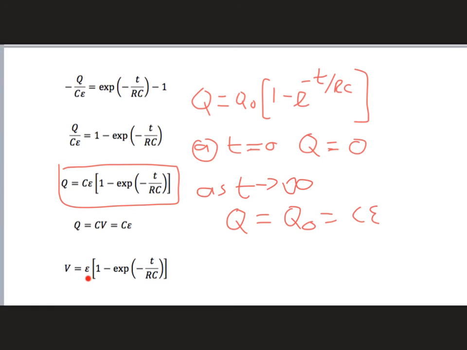Remember, the EMF is just a voltage. This guy has no units, so the units work out, and this gives me the voltage across the plates of the capacitor as a function of time. And we can see the behavior would be the same for the voltage. At t equals 0, there's no voltage across the plates. As t goes to infinity, we would expect the voltage to approach epsilon.